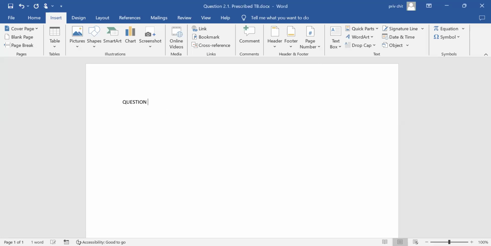Right, so we're looking at question 2.1, and that is the debtors control.